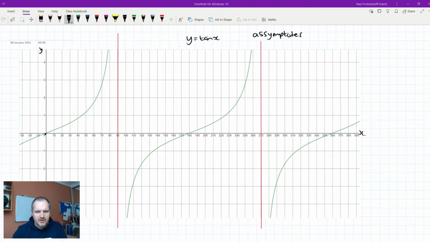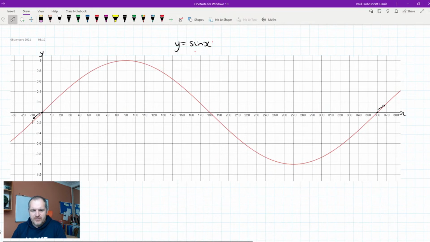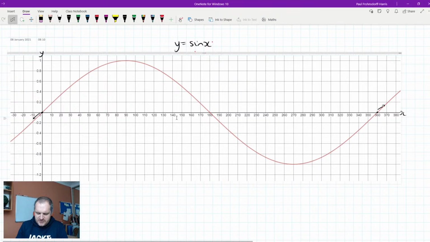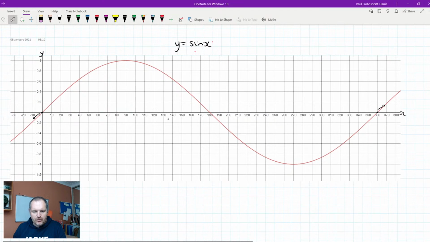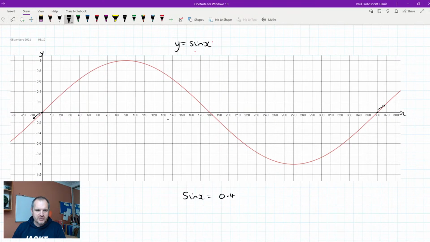Let's go back 2 slides. Here's the sine x thing. Now, let's imagine I'm told that sine x equals 0.4. So let's say imagine you've finished your worksheet, you've got your lovely neat axis, so your worksheet is complete. How would I then use it to solve this equation?